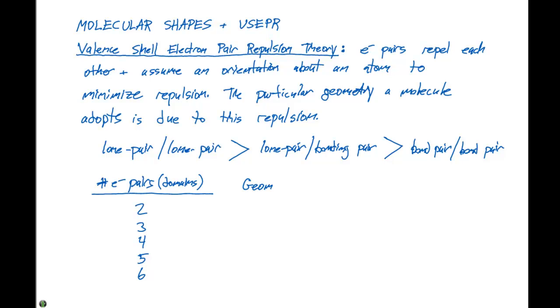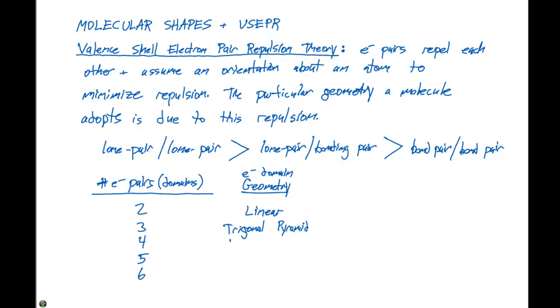The geometry that's going to be adopted from these pairs, or we should say here the electron domain geometry: if we have 2 pairs, a molecule is going to be linear. If we have 3 pairs, we have a trigonal planar.